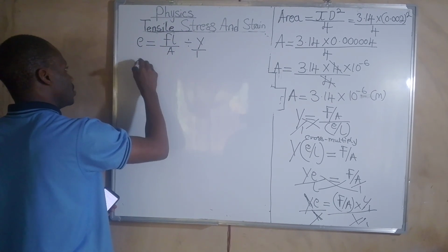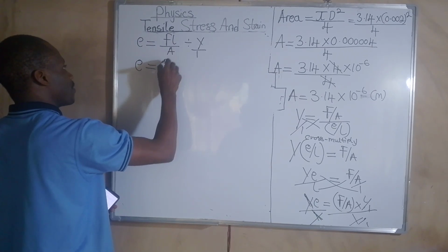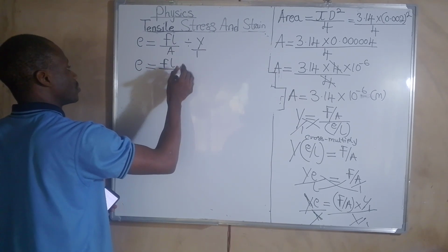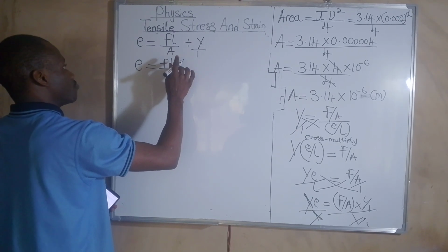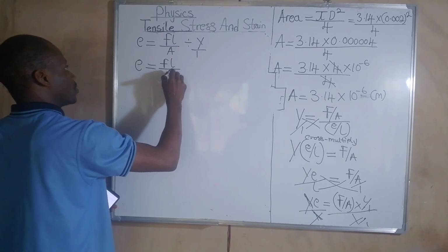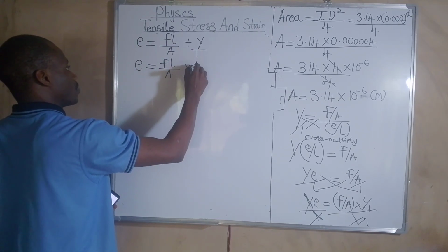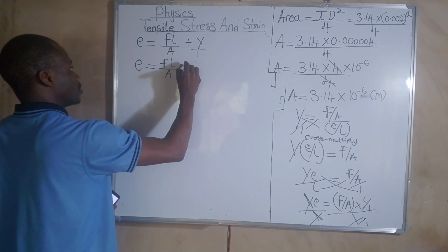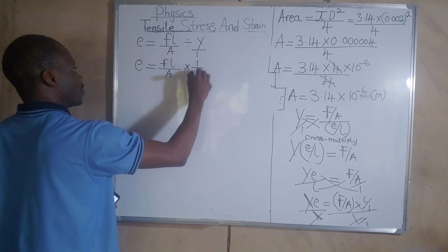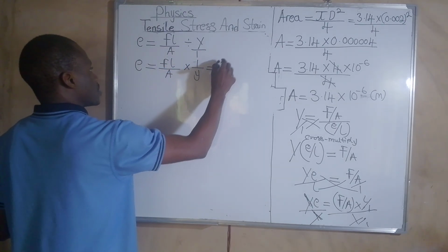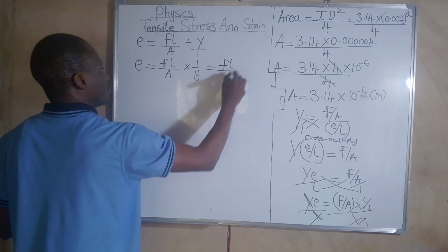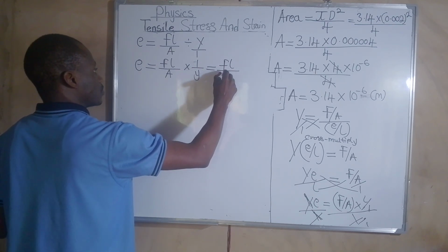So E is F L all over A times 1 over 1 over Y. So this should be giving us F L over A Y, right?